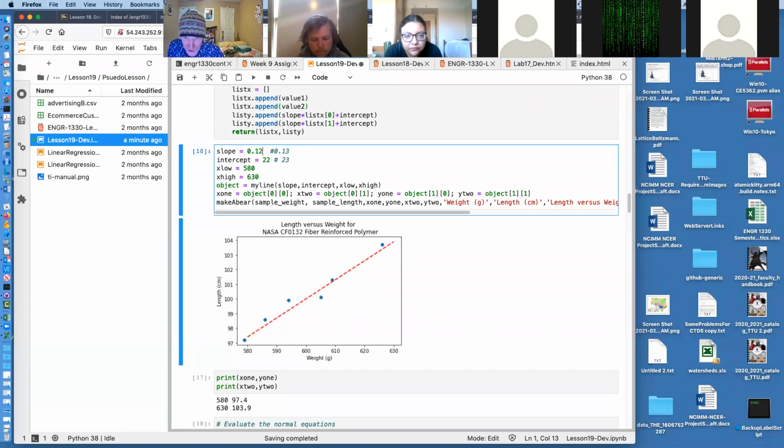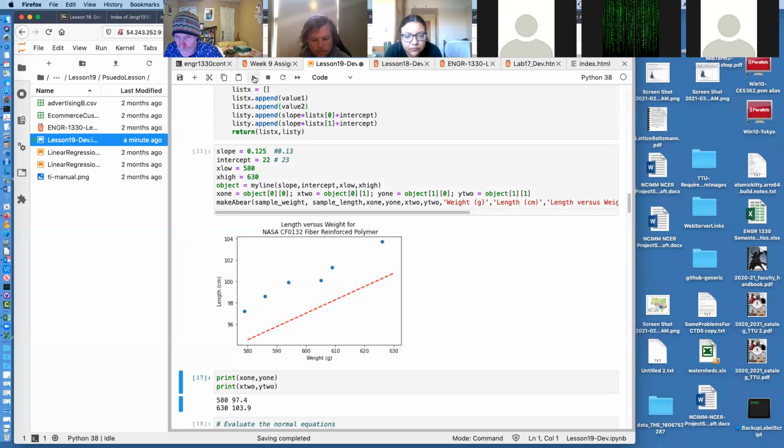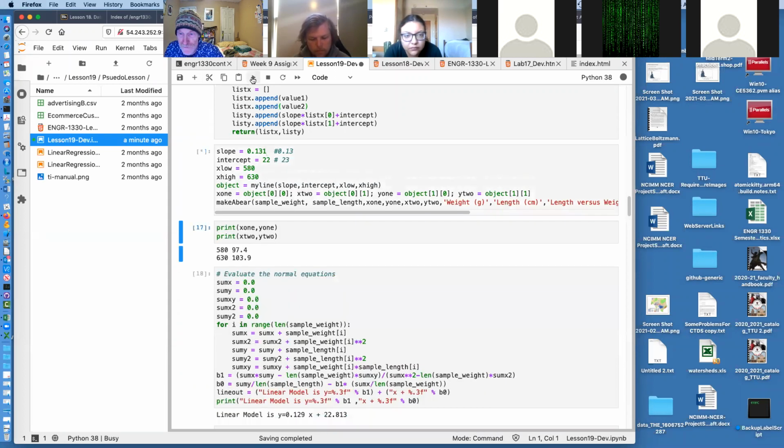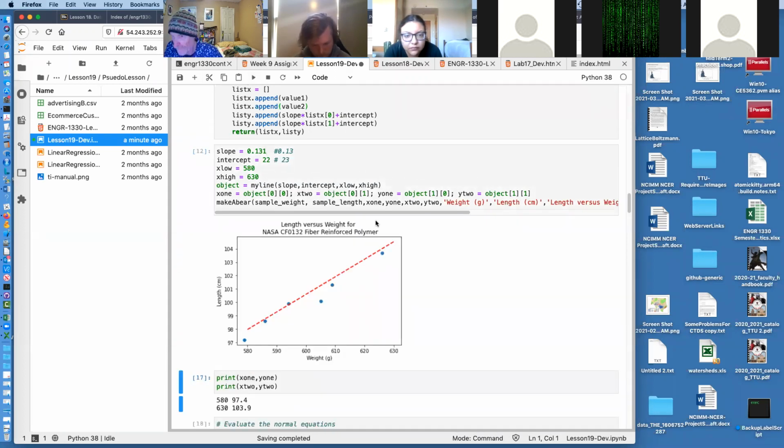So if we change our slope a little bit, a little less slope, these things are awfully tightly bound. Okay, so you're seeing me change numbers and we can move the line around. That is not a very efficient way to find the formula for our red line.